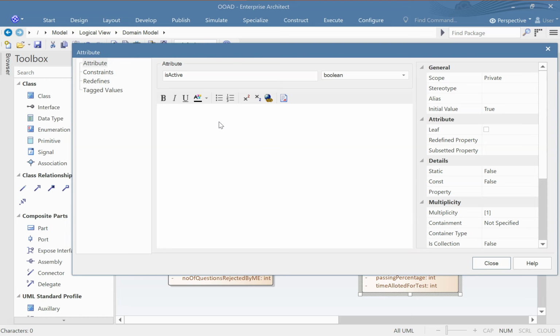So is active means that the subject is not used for training anymore. No tests shall be scheduled or executed for the candidates for this subject.